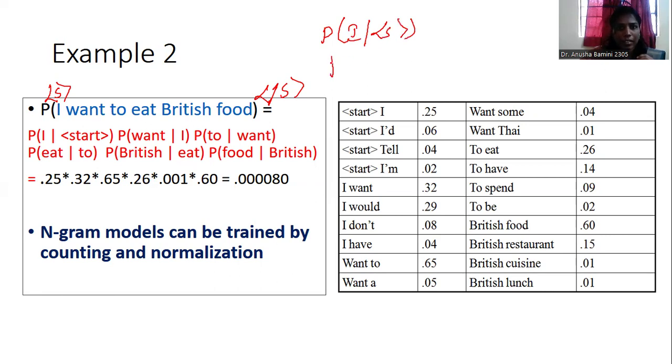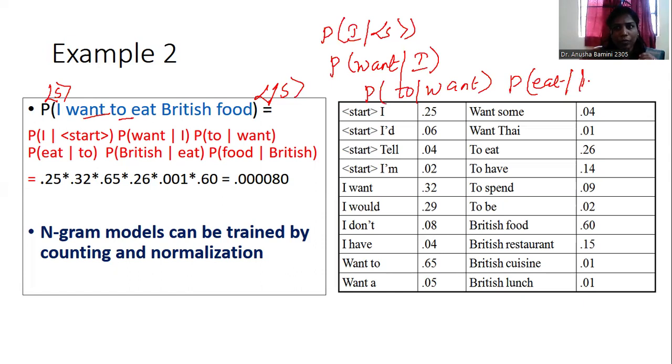Then what is the next word? Probability of want given I. Then the next one, probability of to given want. Next is probability of eat given to. This is how we move on. Then find the answer for this.